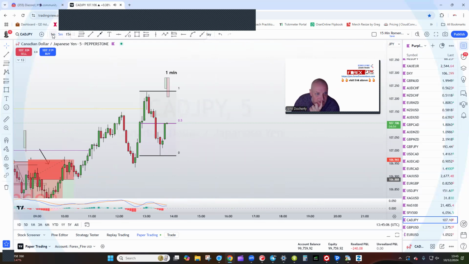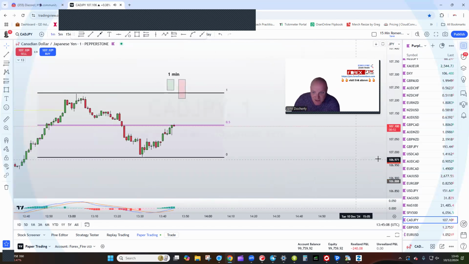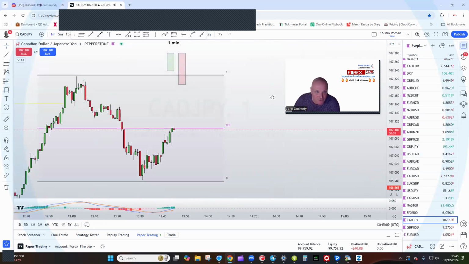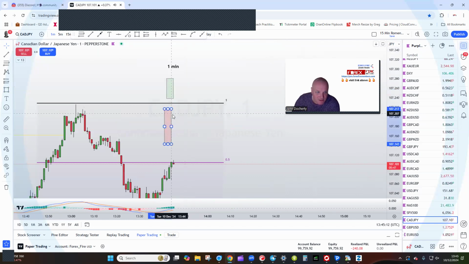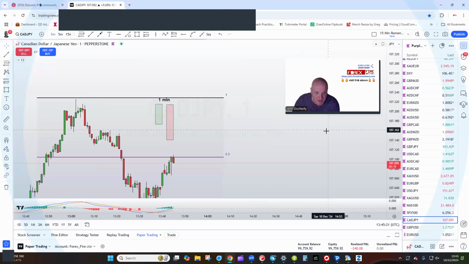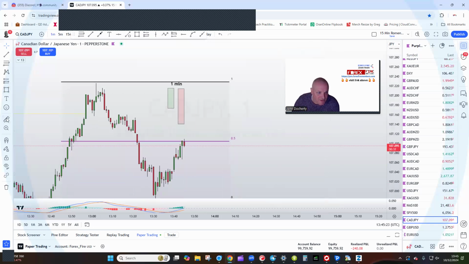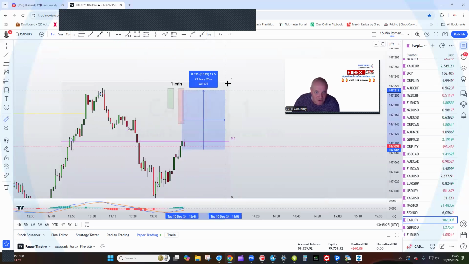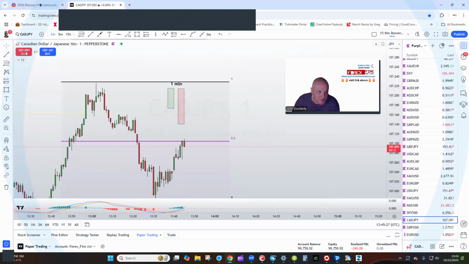Right, so we can go into the 1 minute and we need to see a bearish engulfing. Okay, so again, we need to see this sort of format. On the 1 minute, we're starting to get a bearish engulfing now, and we're talking around about 15 pips.